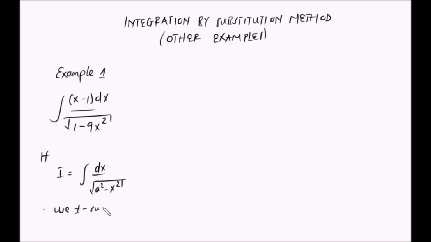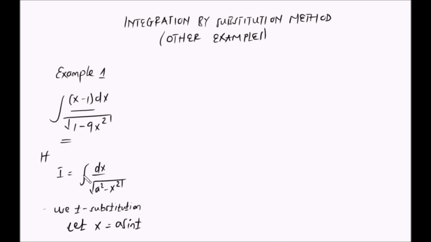Tuliita t-substitution. Ambapo tulisema all you have to do is just to let x ni sawa na a sin of t. So utapata jibu. So now look at this example here.